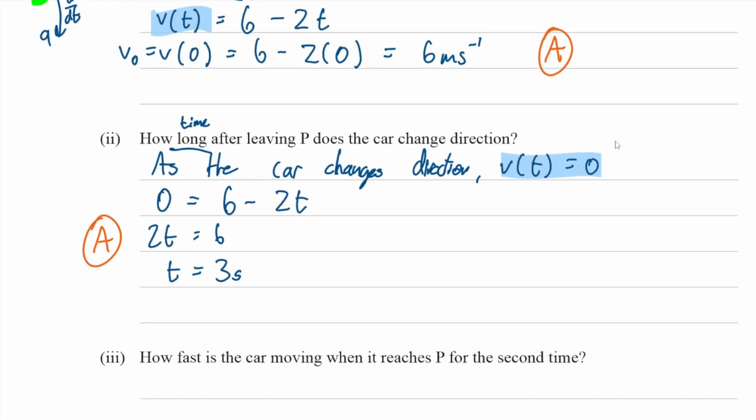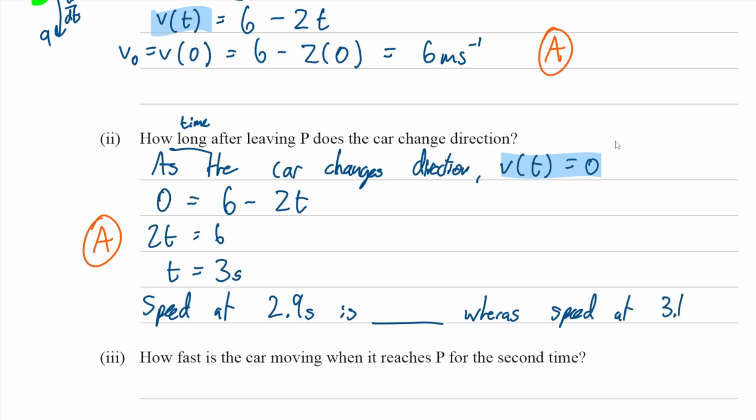We could say speed at like 2.9 seconds and work out the speed, whereas speed just after, so at 3.1 seconds, and we will see that it goes from a positive to a negative speed, which tells us it's changing direction. Which means the car is returning back to the start.